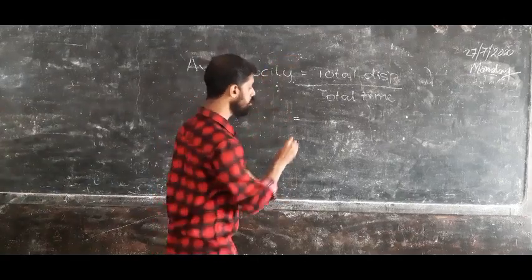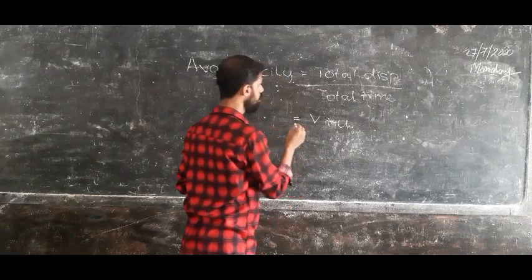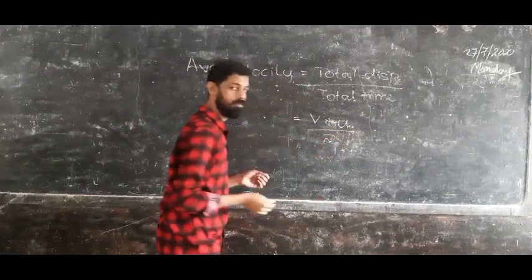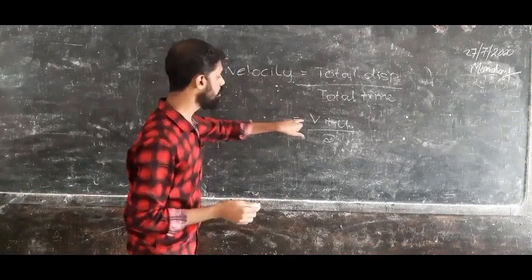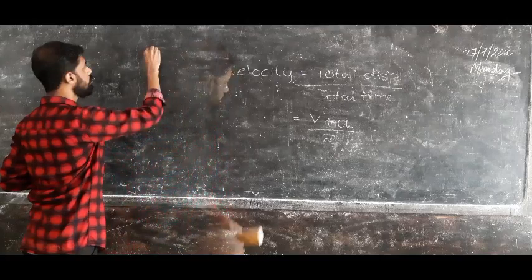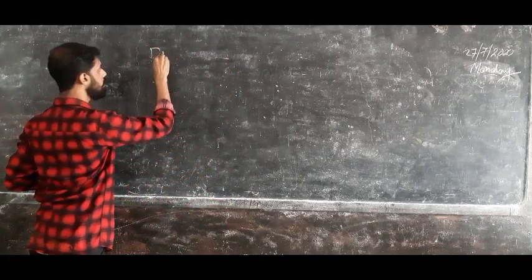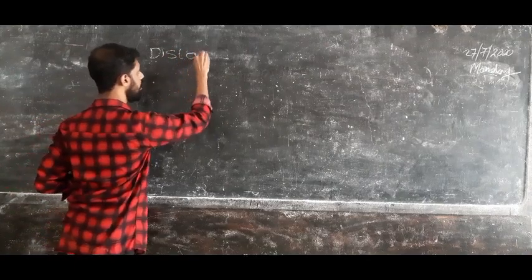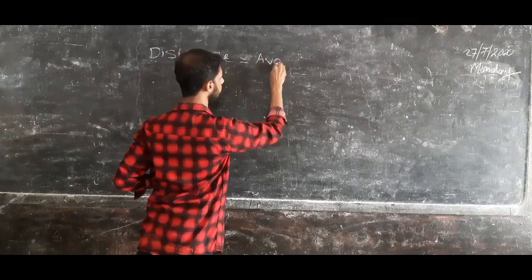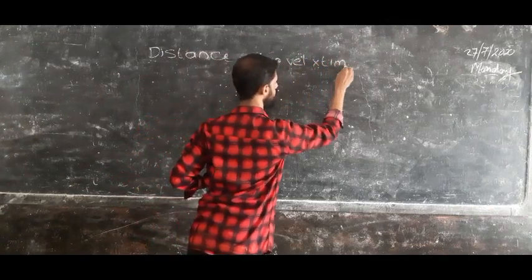Total displacement here means final velocity plus initial velocity, and since we are finding the average, divided by 2. So the average velocity equation is v plus u divided by 2. The distance equation we can derive from average velocity: distance equals average velocity into time.